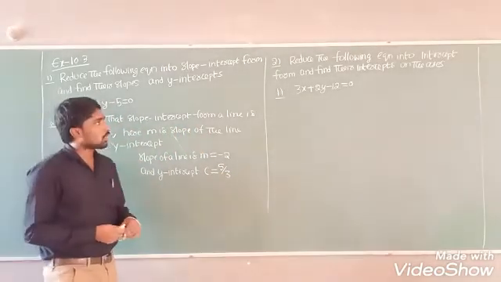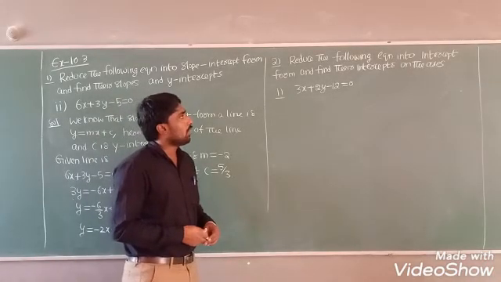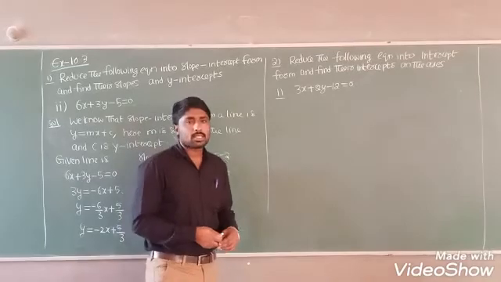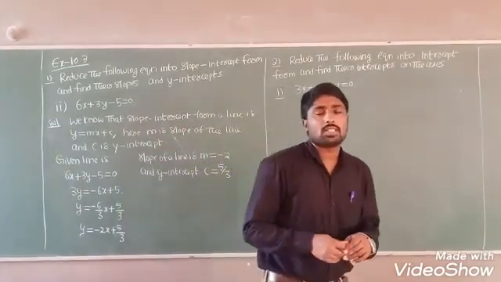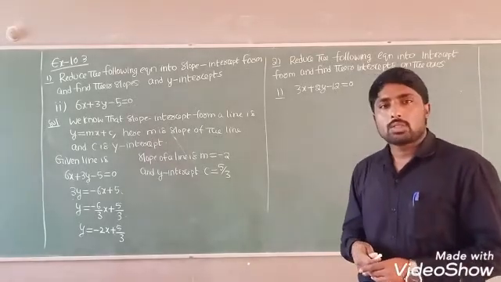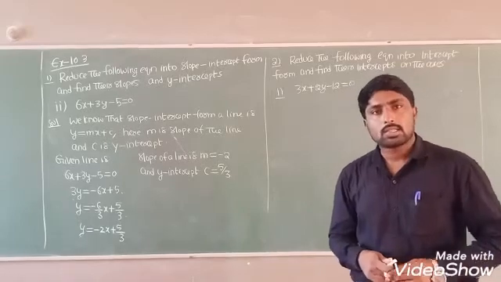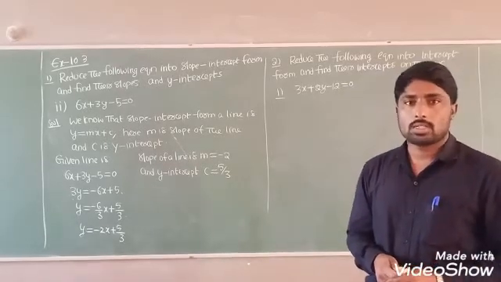The next problem is reduce the following equation into intercept form and find the intercept on the x-axis. Okay, what is the intercept form of a straight line? Intercept form of a straight line is x by a plus y by b equal to 1. Here a is called x-intercept and b is called y-intercept.